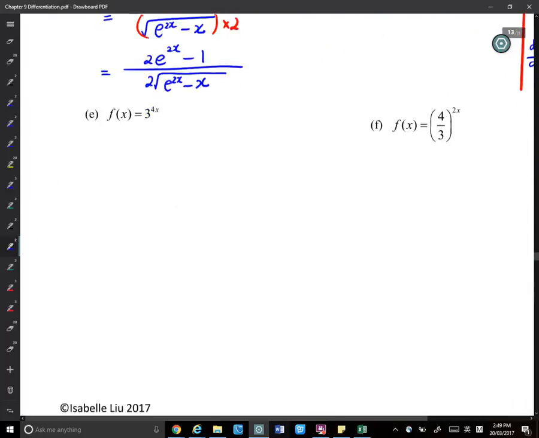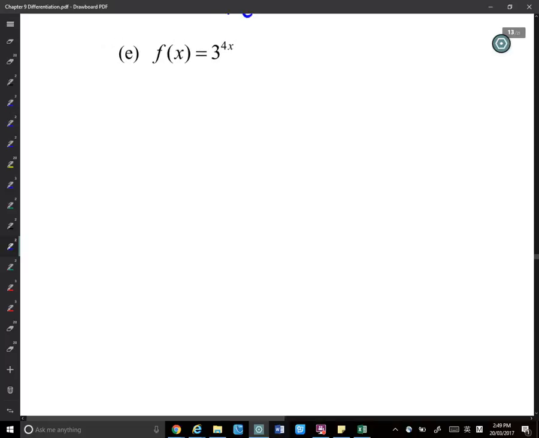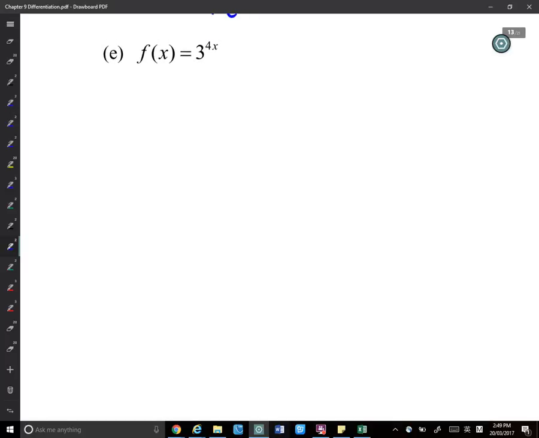Okay, part E will be quite interesting. Tell me which rule you will use to derive this. Which rule will you use? Exponential, logarithm, sine, cosine, tangent, which one will you use? Tell me what is the problem, why you can't answer this question?